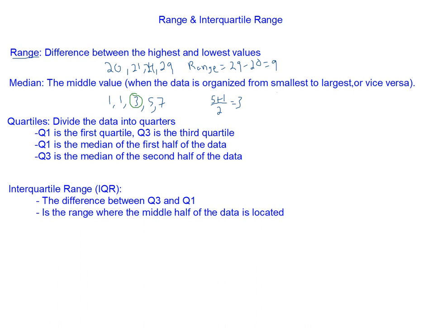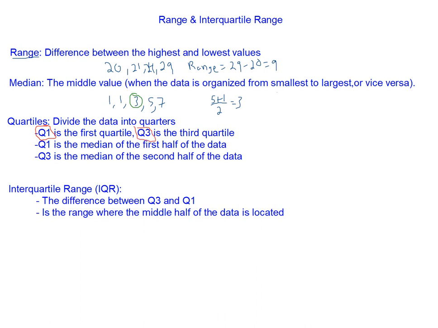Now the reason why we review the median here is that we are going to talk about quartiles. Quartiles in general divide the data into quarters. So it's like the median, where the data has to be organized from lowest to highest. The difference is that instead of dividing the data into 2 pieces, we divide the data into 4 pieces. We call these different pieces quartiles, and we say that Q1 is the first quartile, and Q3 is the third quartile.